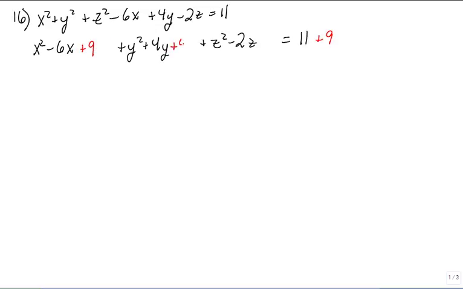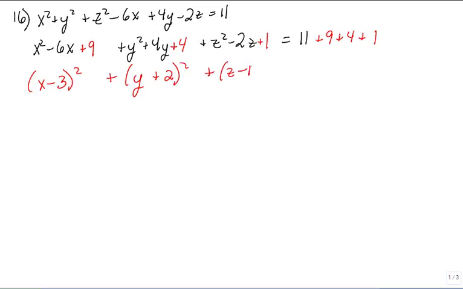Here we're going to add 4, half of 4 is 2, 2 squared is 4, half of 2 is 1, 1 squared is 1. So whatever we add to one side, we add to the other. That's giving us a perfect square. Adding these up, you get 25. So the sphere has center 3, negative 2, 1, and the radius is 5.